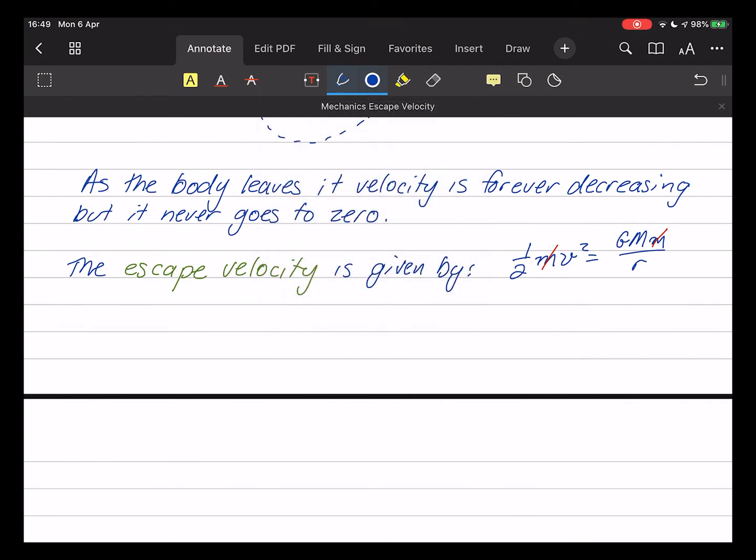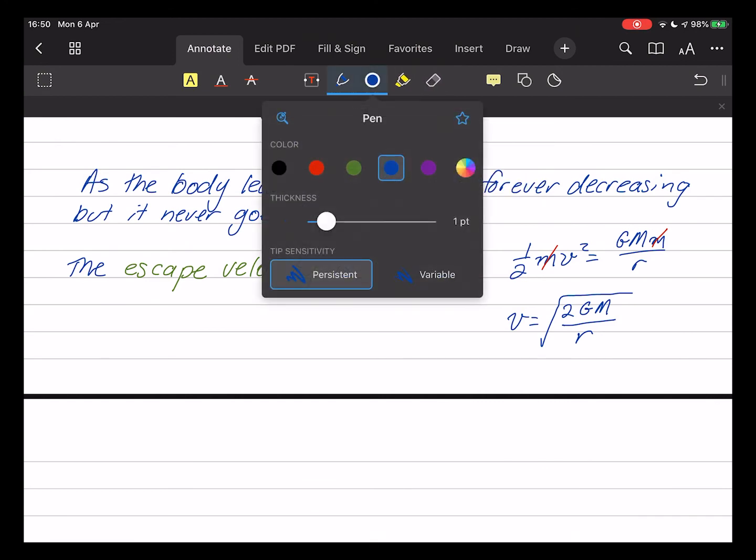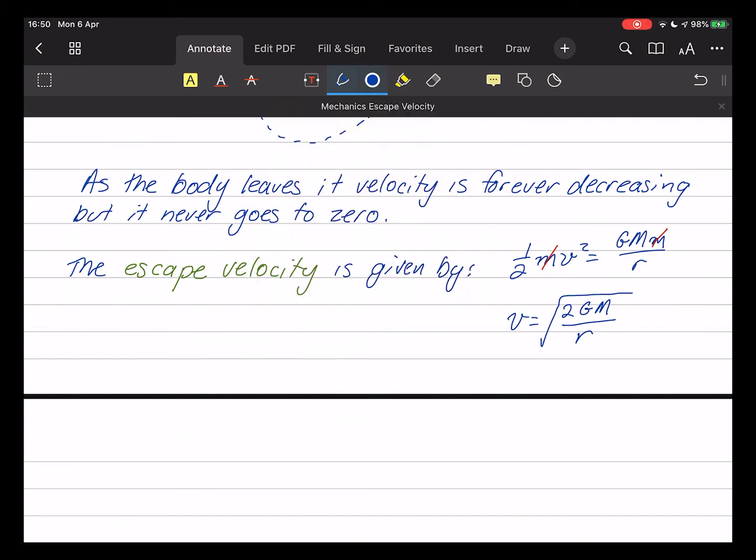And making v the subject, I get v equals the square root of 2 g big M on r. That's our little formula for escape velocity.